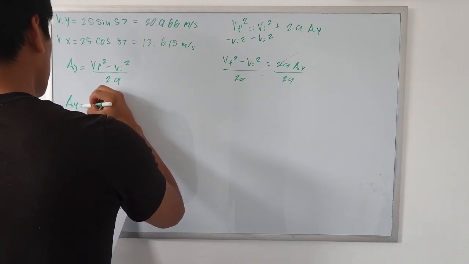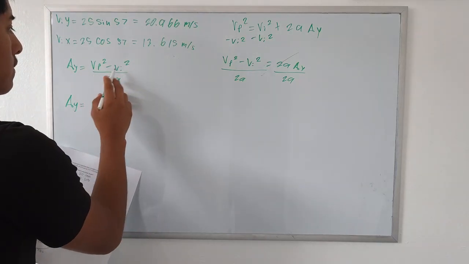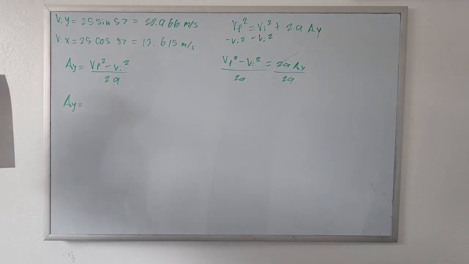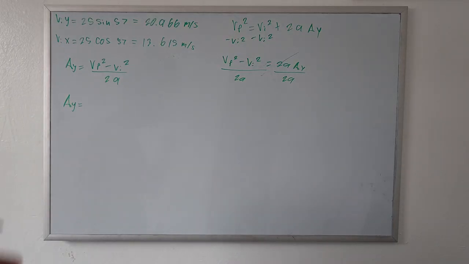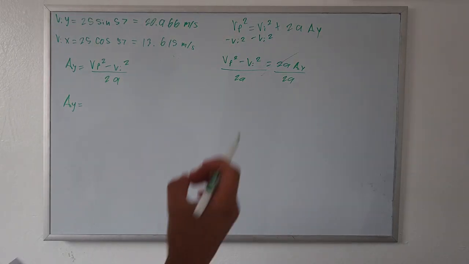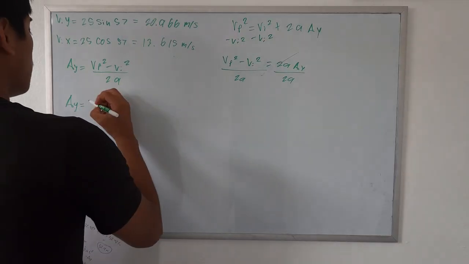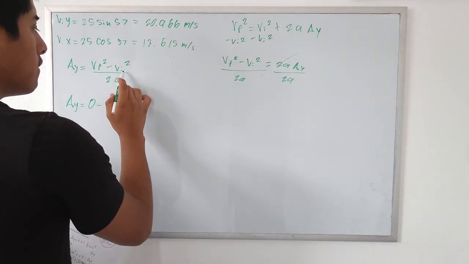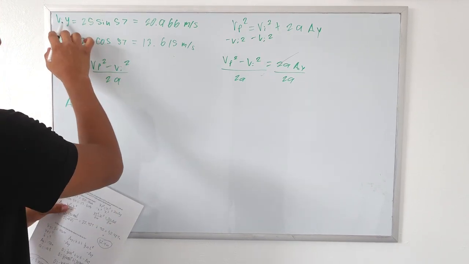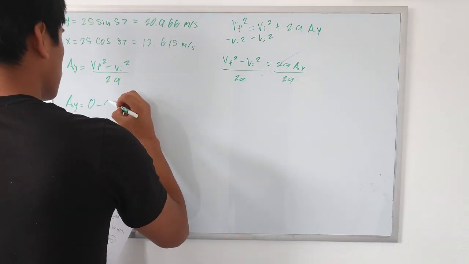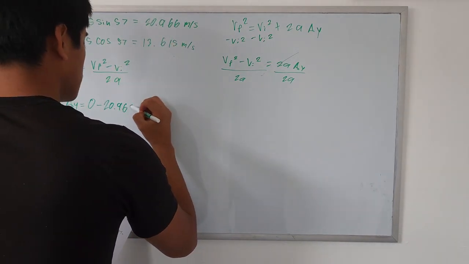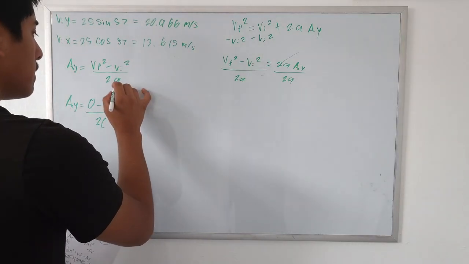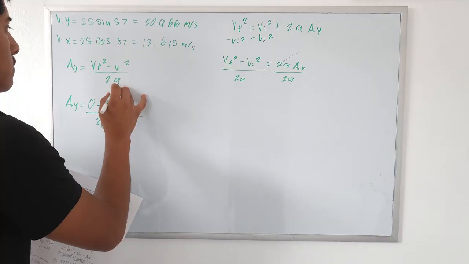And then plugging in all our values, velocity final is equal to 0 because at its maximum height, it's going to start turning around, so its velocity is going to be equal to 0. So we have 0 minus velocity initial, this is for the y, so we're looking at the y component: 20.966, all over 2 times a, the acceleration in the y.